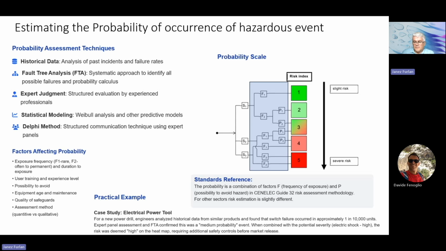P1 stands for it's very easy to avoid the hazard. P2 is not possible to avoid, it's not possible to quickly react to the hazardous event. We also need to take into account the maintenance issues and the deterioration that equipment is exposed to, and sometimes there can be a single fault occurring in the operation of appliances, so we need to take this into account also.